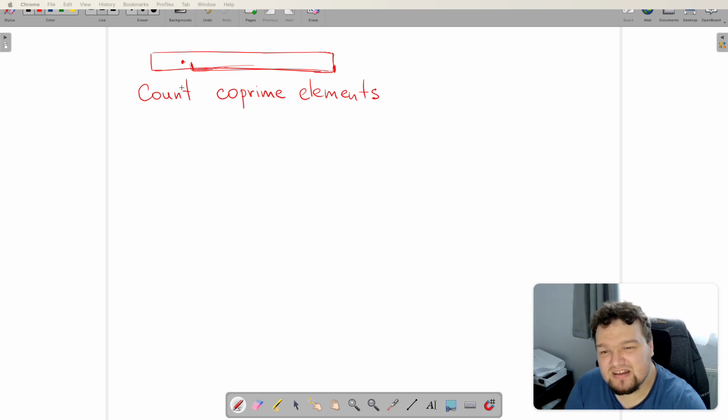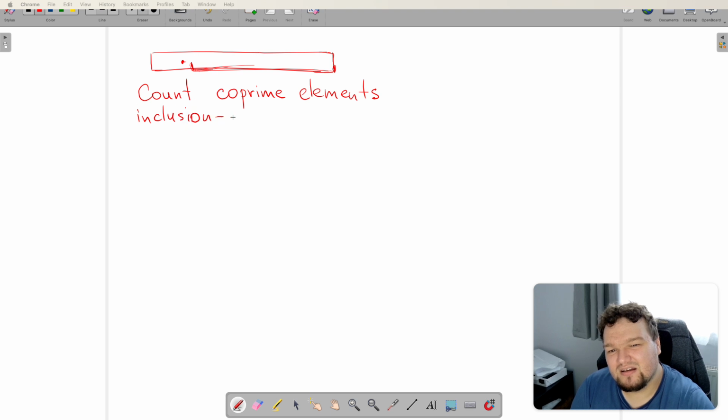But it turns out that because we are counting, we can do some shenanigans that will allow us to add and subtract, and then we will count correctly. Basically, we will be doing inclusion-exclusion.